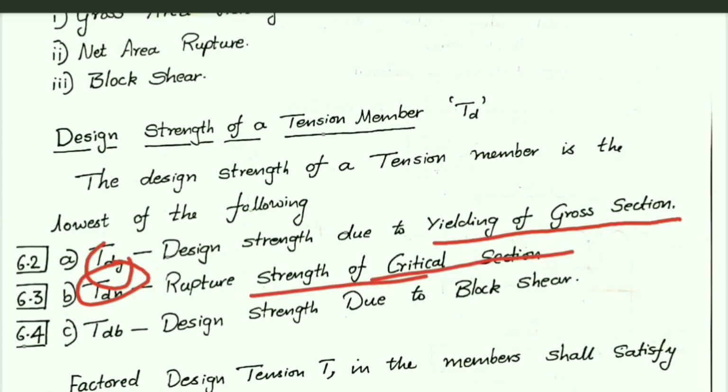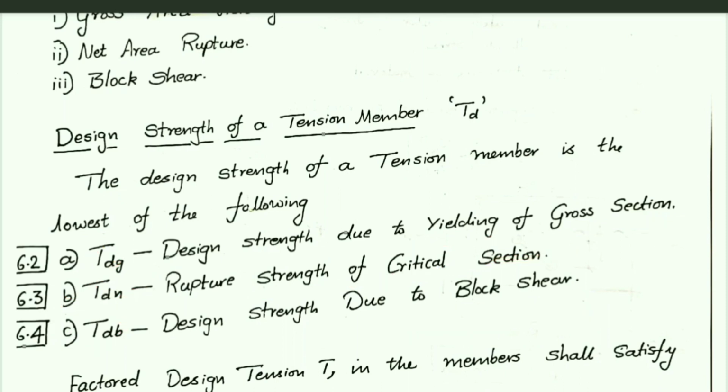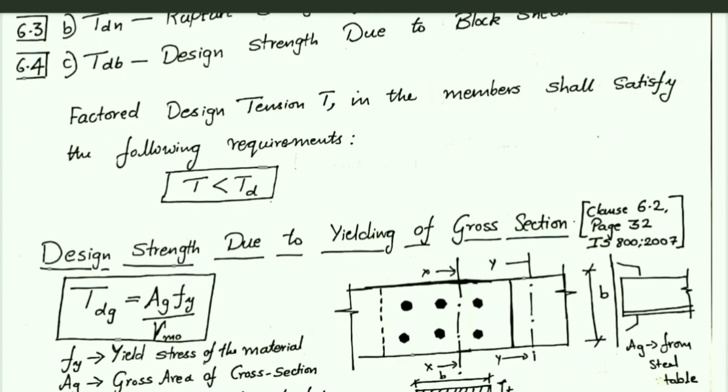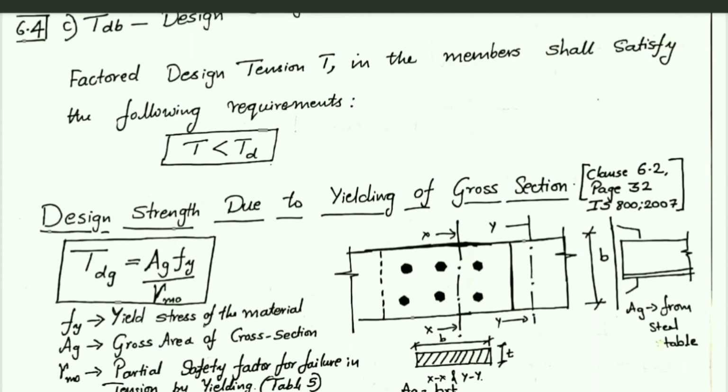Tdb is the design strength due to block shear. The minimum of these three will be taken as the design strength of the tension member.